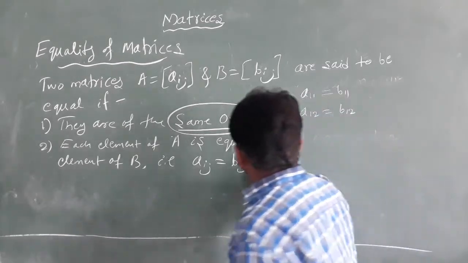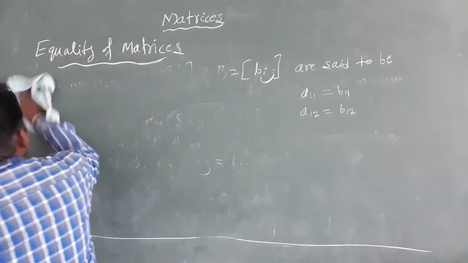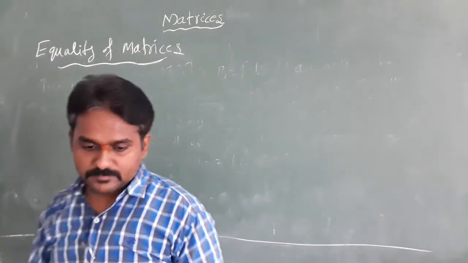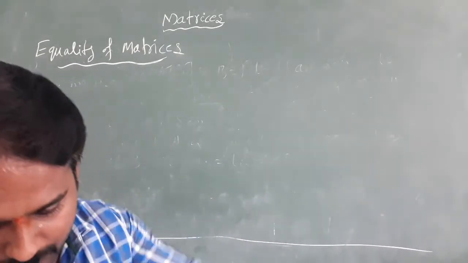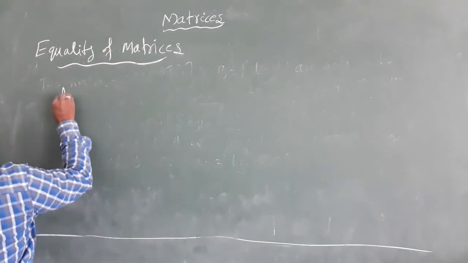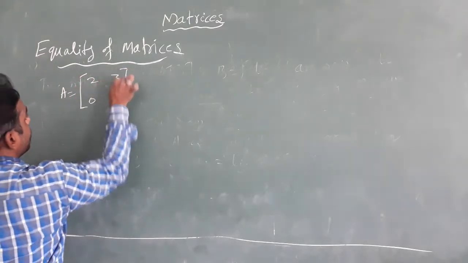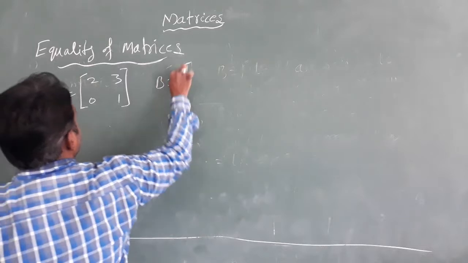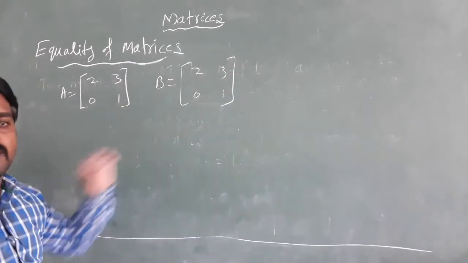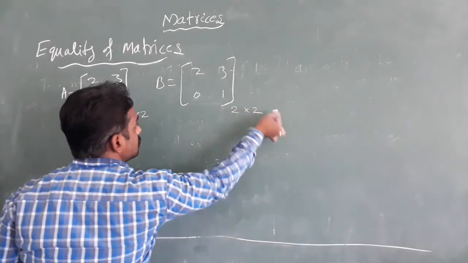Let us consider an example, so we come to know what exactly the equality of matrices is. A equal to 2, 3, 0, 1 and B equal to 2, 3, 0, 1. Here the order is 2 cross 2, and here also 2 cross 2.